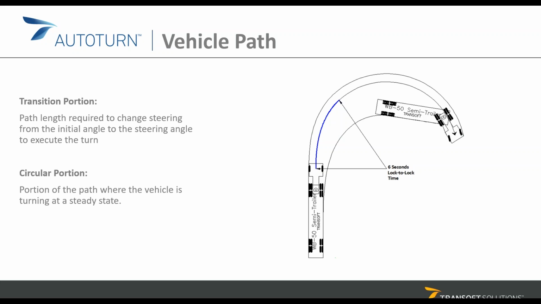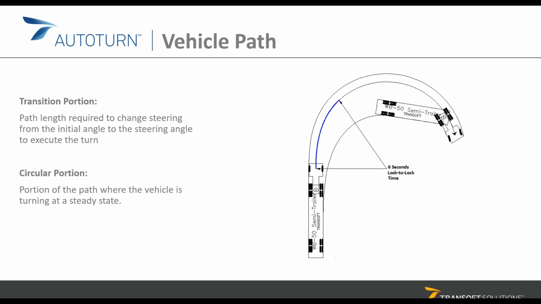The transitional portion is that section of the path that is required to get the wheels from the starting steering angle, which is say a straight line, to the steering angle required to execute the turn. And that transition portion of the path, I'll explain later how it's calculated in the software, but it's based on the steering rate, which is also based on the lock-to-lock time.